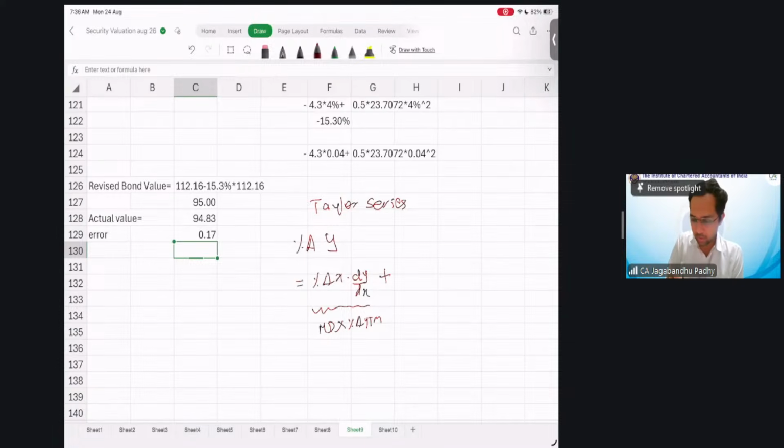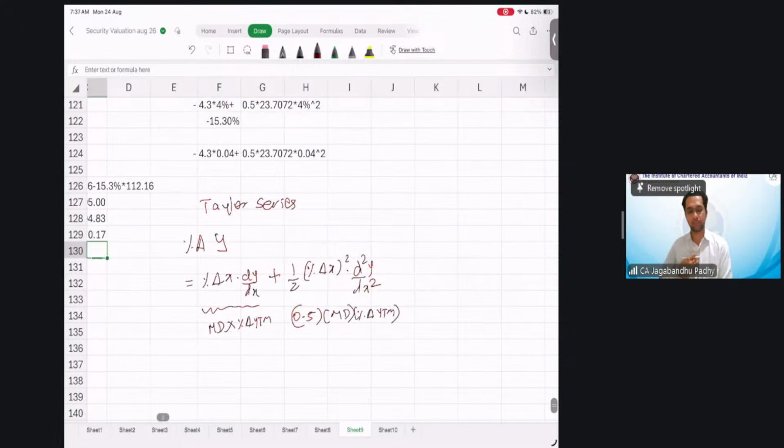To make it accurate, we add half into percentage change in x square into d square y by dx square. This is essentially half into convexity into percentage change in YTM square. That's your percentage change in y with an improved estimate. But even in this, you will have some sort of error.